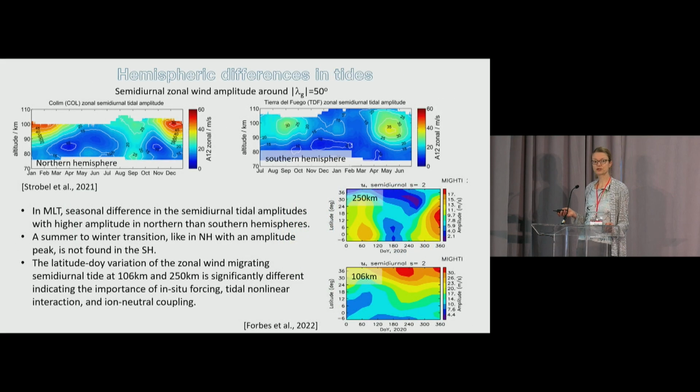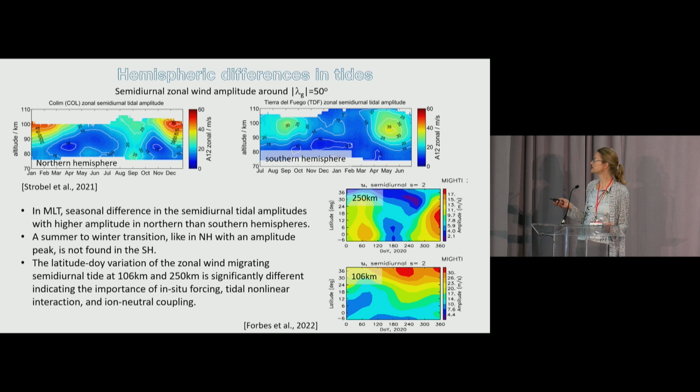There are also differences in large-scale waves. Here's an example, this is semidiurnal tide. Observations over a whole year. This is winter, this is summer, winter, and this is at the same latitude in the southern hemisphere.